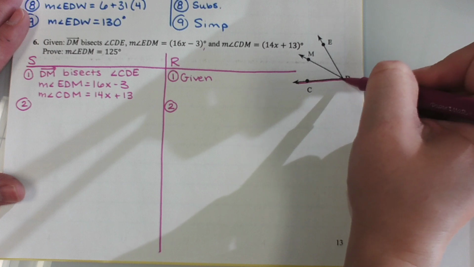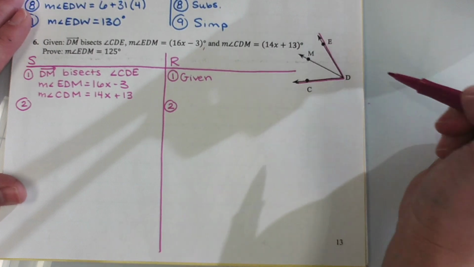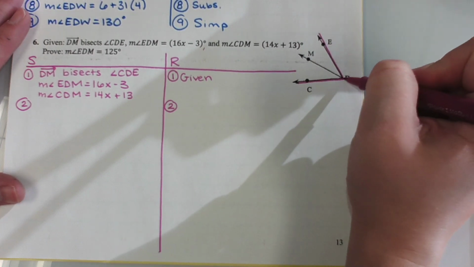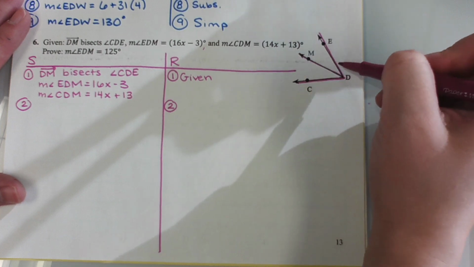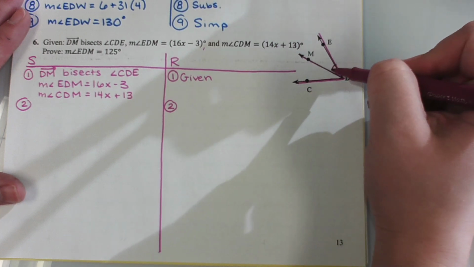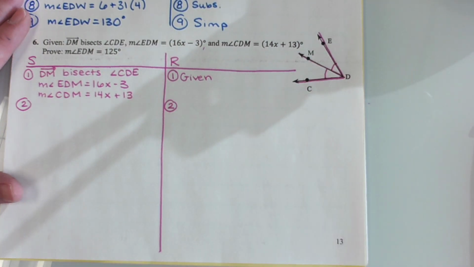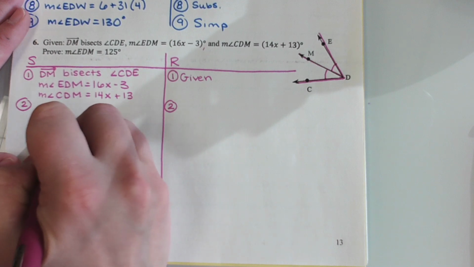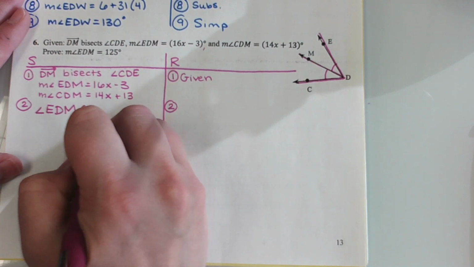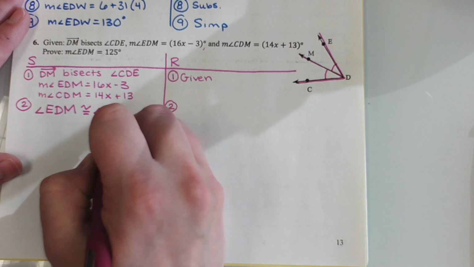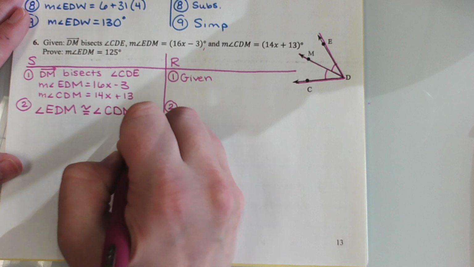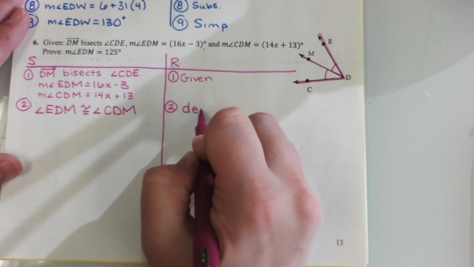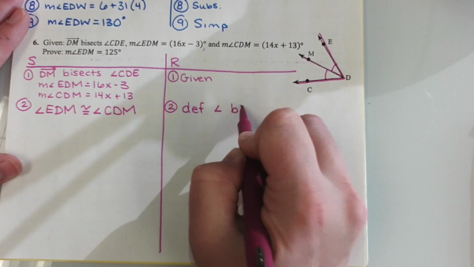This one got cut into two angles by this. You see the two angles there? Those are the congruent ones. Angle EDM is congruent to angle CDM. And that was the definition of angle bisector.